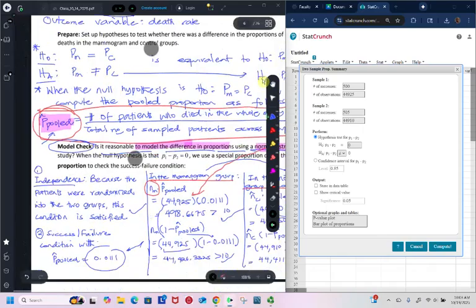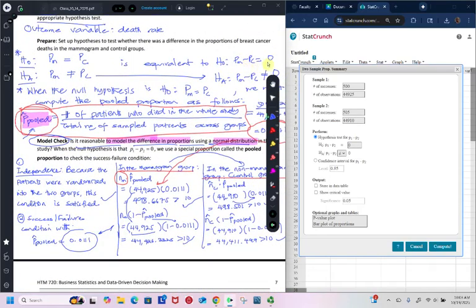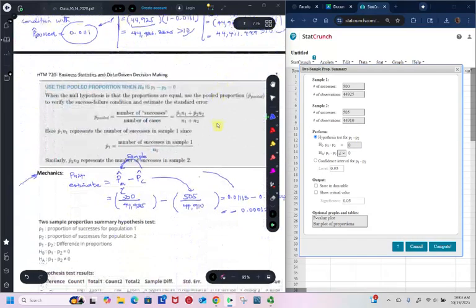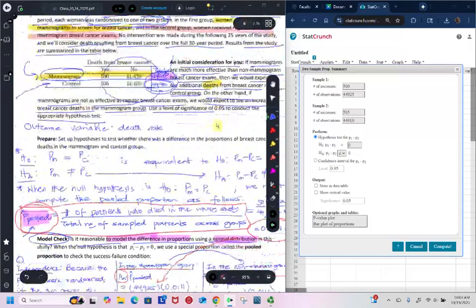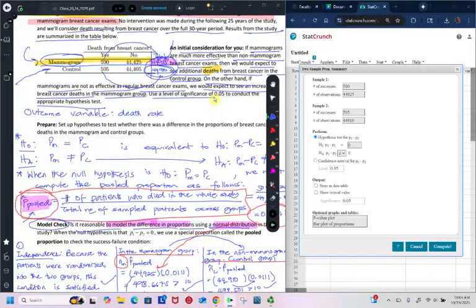So in this case, that is equivalent to the difference being 0 versus not being 0. And our interest next is at what level of confidence are we carrying out this test? We have a 0.05 level of significance. So we can set that up here in the significance value. And you already have that here, so I don't need to alter that.